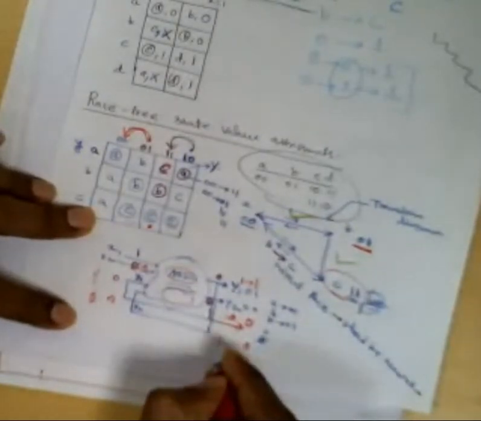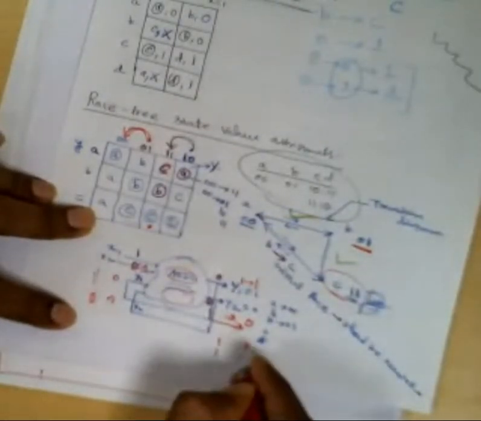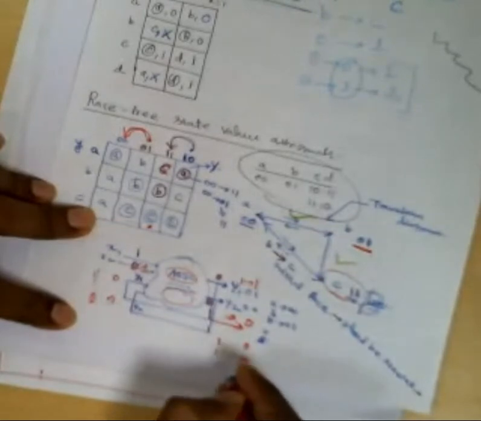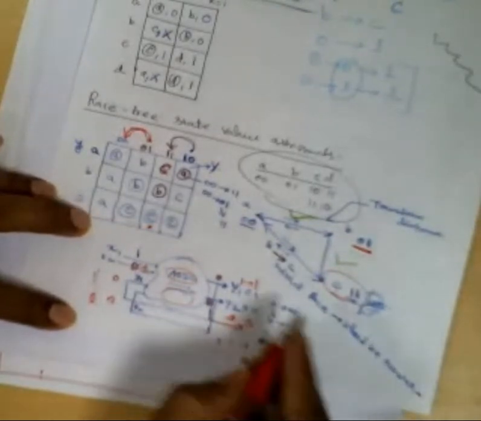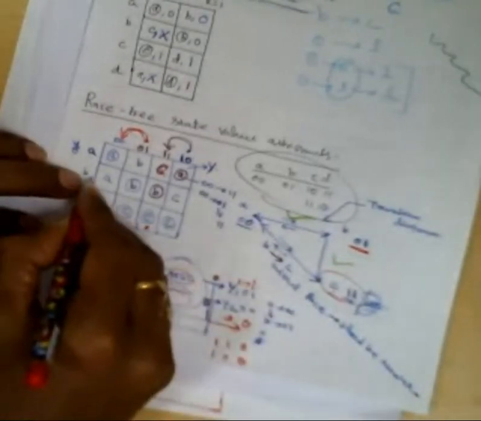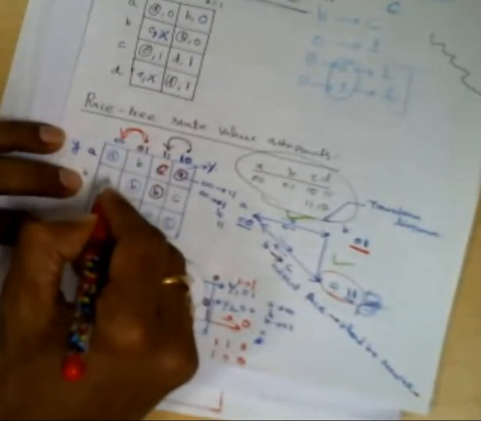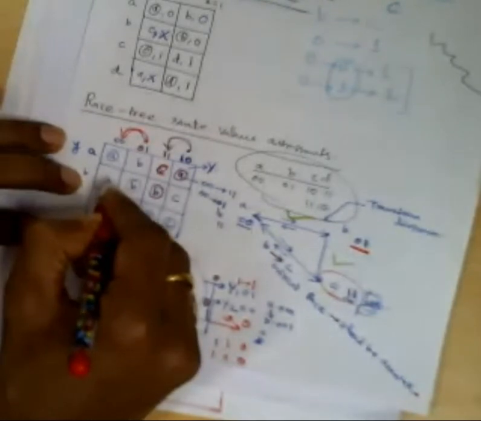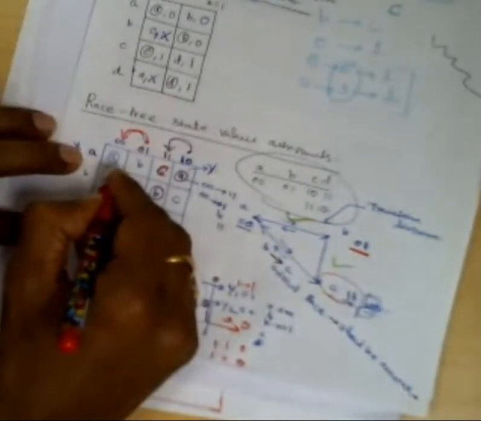Suppose instead of going to 1, 1 it goes to 0, 0. If it becomes 0, 1, then it will go to B state. In B state, the input is 0, 0, and the transition is to A state only. So it will go to A state and get stuck at A state. Therefore, C to A has a race, but it is not a critical race.